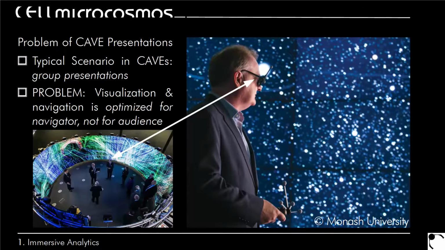Here you see an example, and I come now to a basic problem which we discuss in the paper. With cave presentations, you have the presenter in the cave, the navigator, and you have the group. In our cave at Monash University, the Cave 2, which was originally invented in the USA, you have something like 10 to 20 people, and here you have the navigator.